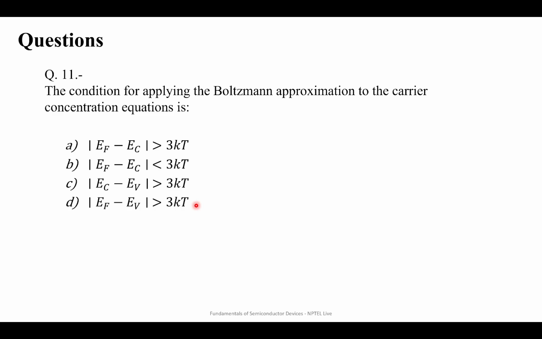Next question. The condition for applying the Boltzmann approximation to the carrier concentration equations is: mod EF minus EC is greater than 3 kT, mod EF minus EC is less than 3 kT, mod EC minus EV is greater than 3 kT, mod EF minus EV is greater than 3 kT.